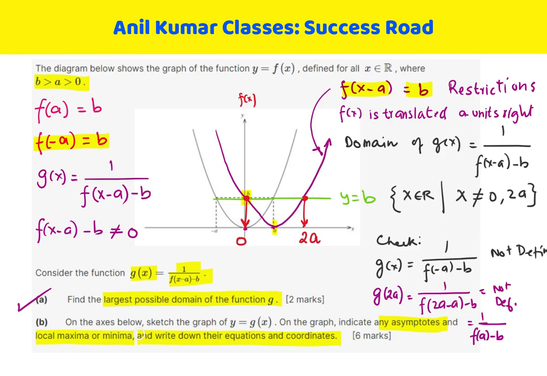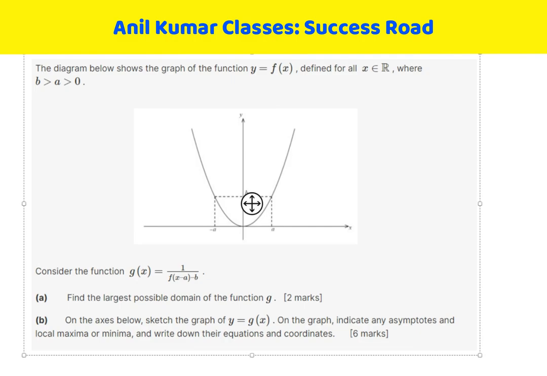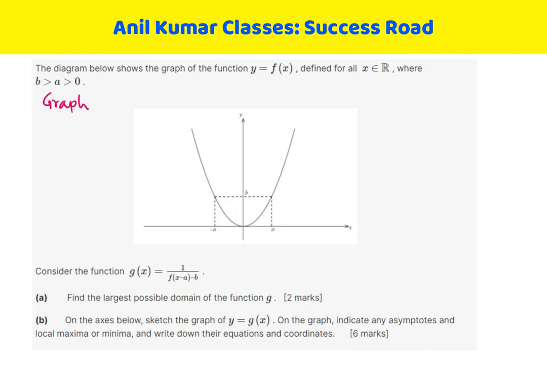On the same axis below, sketch the graph of g of x. So we'll sketch the graph of g of x, right? Now here, our focus will be to graph g of x, which is given to us as 1 over f of x minus a, minus b.